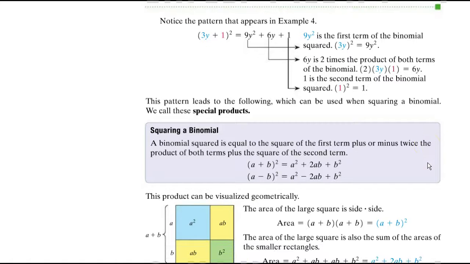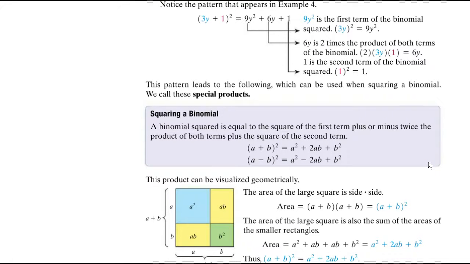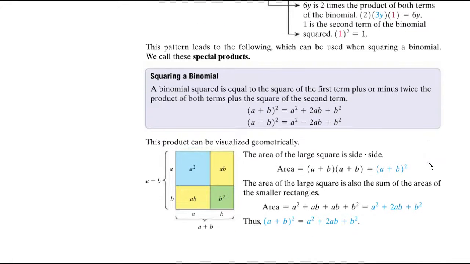Here we go. So they're saying there is a pattern. So when you square a binomial, and here's sort of the general formula of it, there's a binomial that we're squaring. We square the first term, multiply these two together, get a positive AB, double it, square the last term. And this works out exactly the same. The only difference is if this is positive, your middle term is positive.